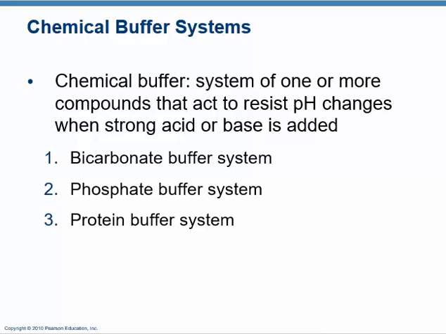So what we can say is that the savings account buffered your income, buffered your checking account. It absorbed any extra that you earn, and it provided any shortfall. And it's going to be the same thing with strong acids and weak acids. If you think of the strong acid as the income, the pH is the checking account, and the weak acid is your savings account.